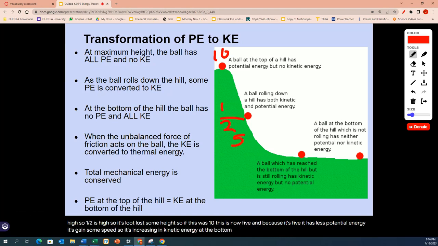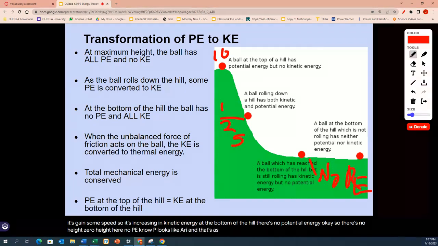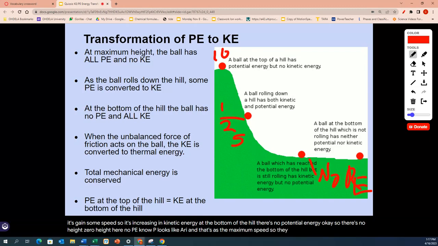At the bottom of the hill, there's no potential energy, okay? So there's no height, 0 height here, no PE. And that has the maximum speed, so it has all kinetic energy. Total mechanical energy is conserved. Potential energy at the top of the hill is equal to kinetic energy at the bottom of the hill.